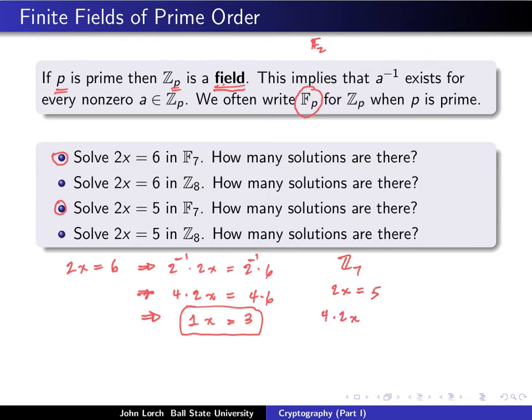Because 4 is the multiplicative inverse of 2 in F7. So that says that 1 times x is equal to 4 times 5. Well, 4 times 5 is 20. Divide by 7, the remainder is 6. So we get a single solution, x equals 6.